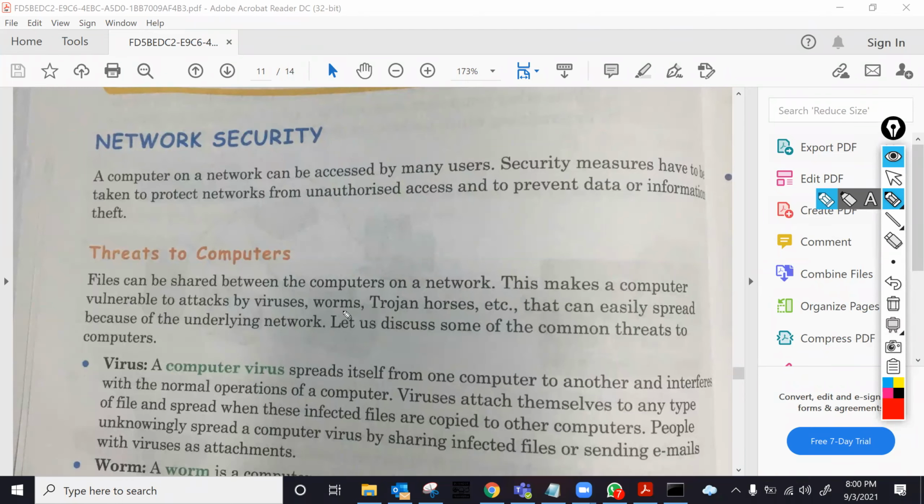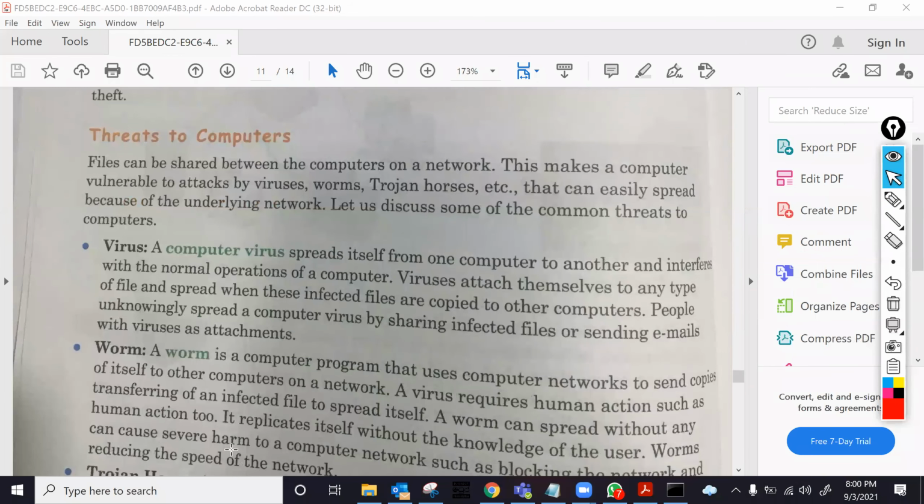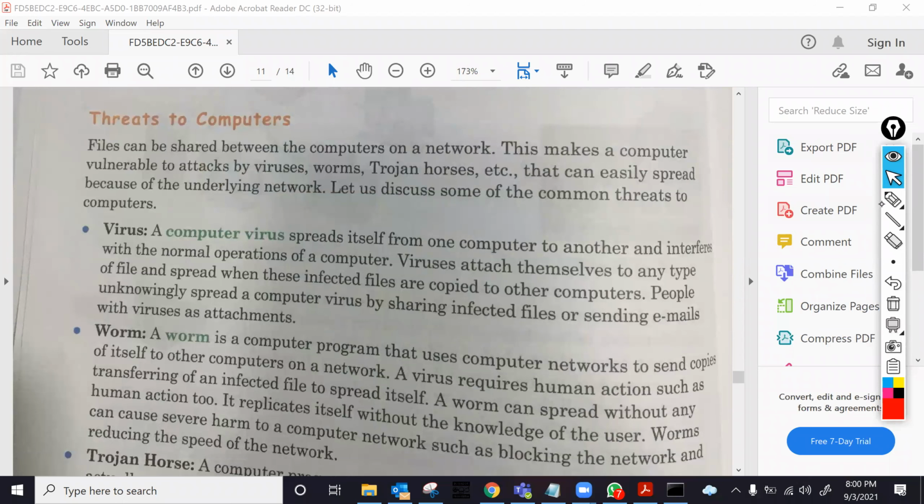Okay, right. So that is the behavior of the virus, right? A computer virus spreads itself from one computer to another and interferes with the common operation of the computer.